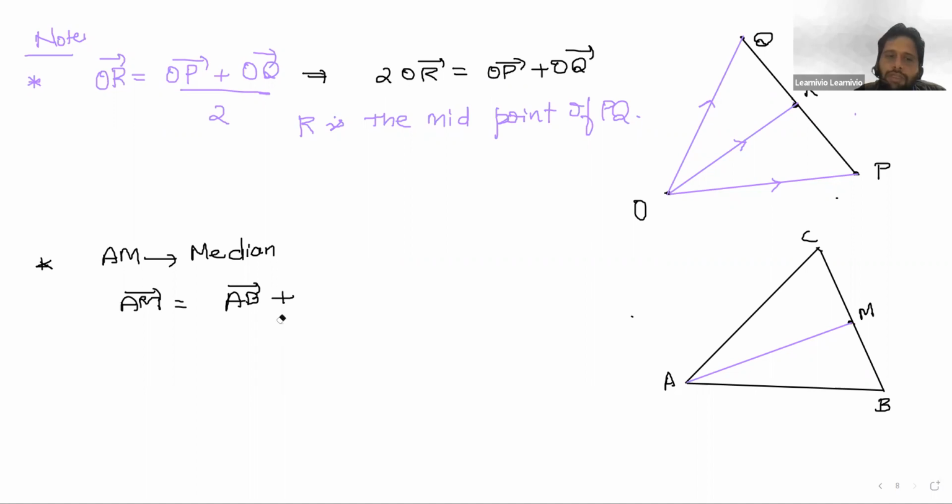Now, the same thing if we apply here in this triangle ABC, AM is the median, so we just apply the same concept. Twice of AM is equal to AB plus AC. And I guess in the last class we have already checked how to find the magnitude of a vector. For example, vector A is given, which is I cap plus J cap plus K cap.